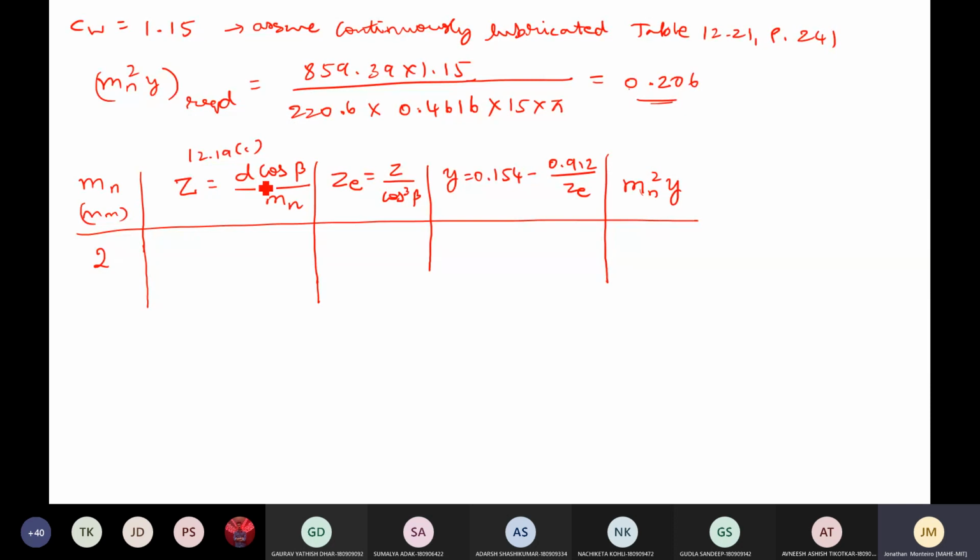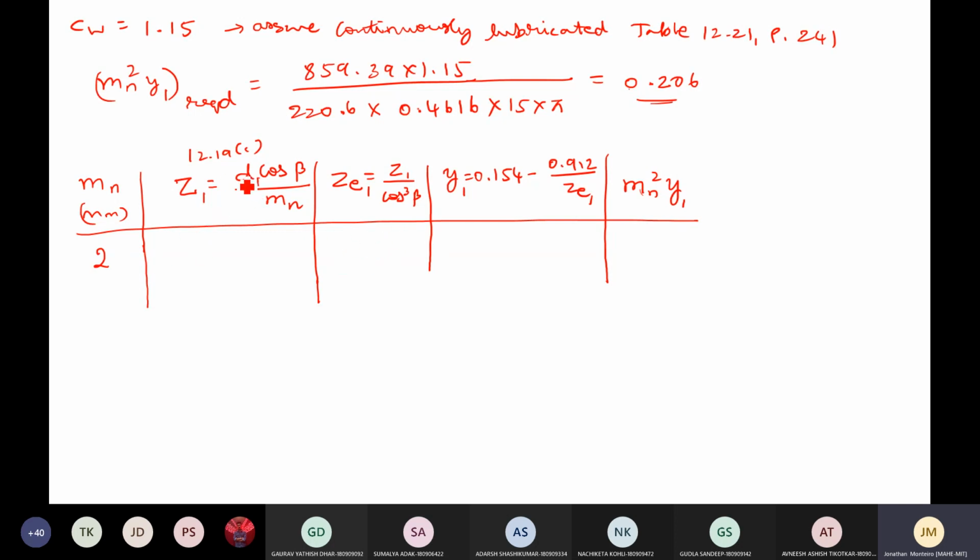We know that D1, okay, we are referring with respect to D1 here. So D1 cos cube beta by Mn should be this Z, okay, let me be very specific, mn square y1, okay, because we are discussing with respect to pinion.